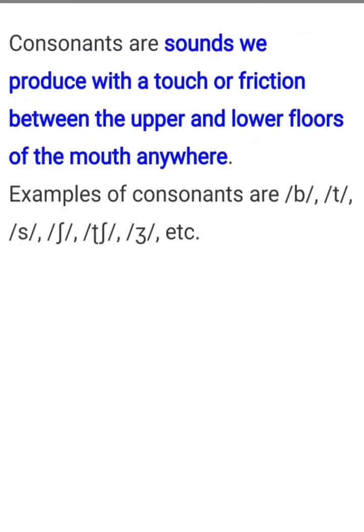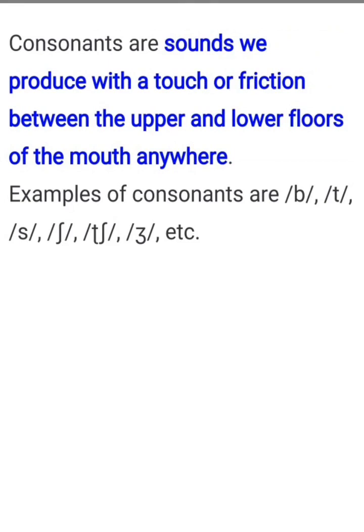Now, consonants are sound we produce with a touch of friction between the upper and lower floors of the mouth anywhere. You can see that it's the opposite. So consonants are the opposite of voice in that they are sound we produce with a touch somewhere in the mouth, whether behind, at the middle, or around the lips, or around the jaws.